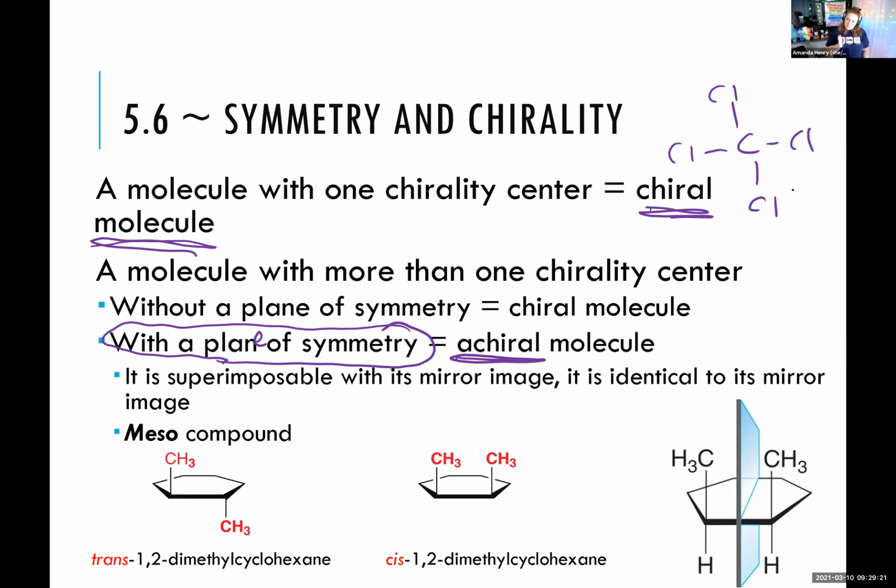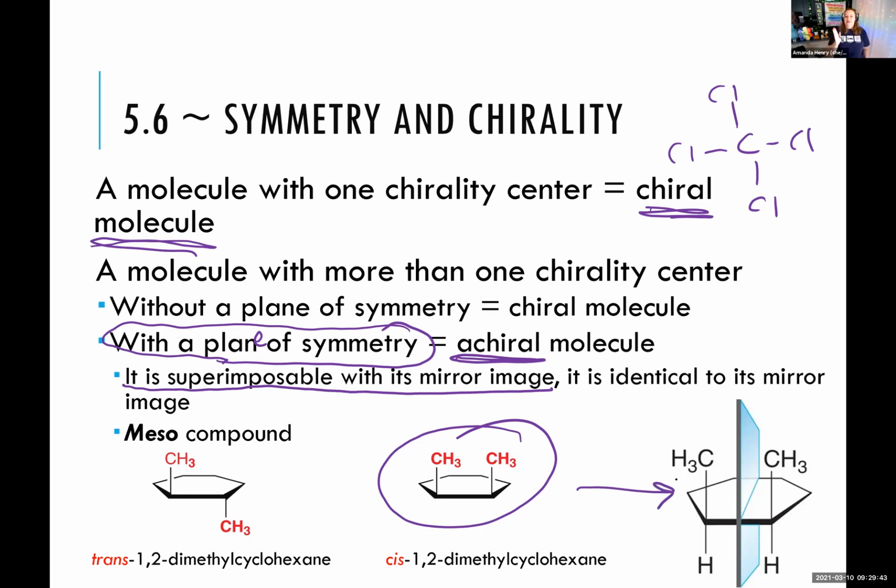If it has this plane of symmetry, it's going to be superimposable with its mirror image. So here's our example here. We have cis-1,2-dimethylcyclohexane. So both of the methyls are pointing up. We're looking at it in the Haworth just because sometimes that makes it easier to see. This version is just showing the plane of symmetry in between. The left half and the right half of this molecule are the same.